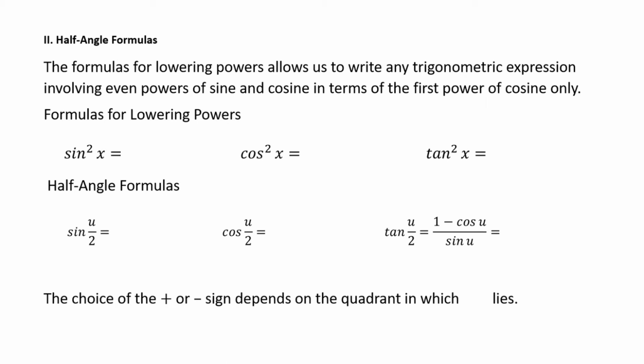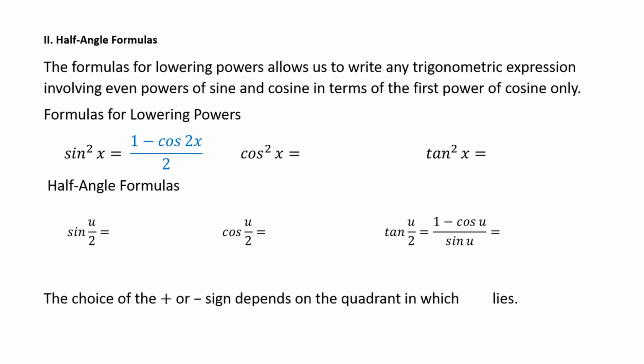Roman numeral 2, half angle formulas. The formulas for lowering powers allow us to write any trigonometric expression involving even powers of sine and cosine in terms of the first power of cosine only. The formulas for lowering powers. Sine squared x is equal to the quantity 1 minus cosine 2x divided by 2.